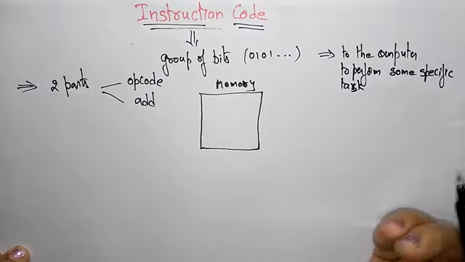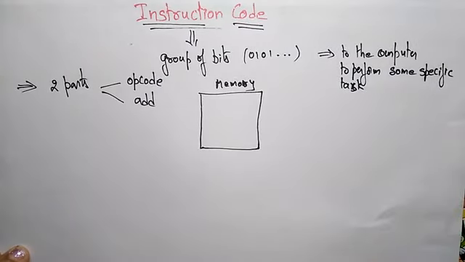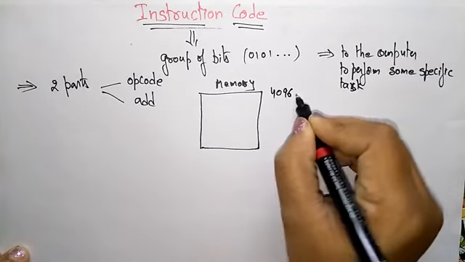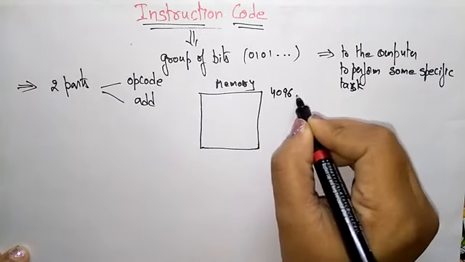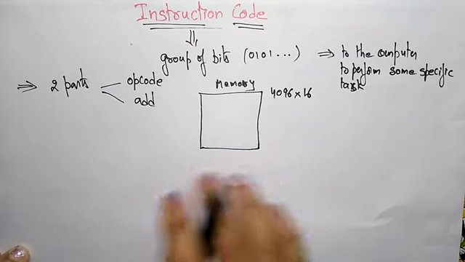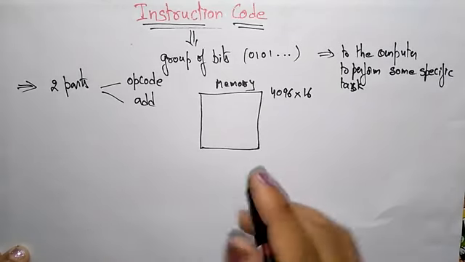From the memory we get the instruction code, and that is converted into a group of bits, and that group of bits will be read by the processor. This memory will be of size 4096 into 16. This is the size of the memory for 16-bit instructions.